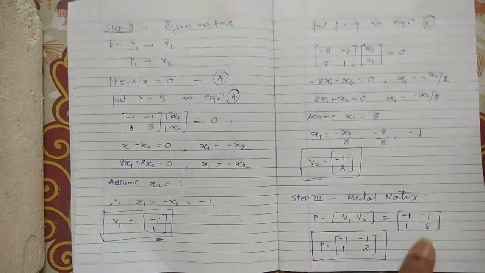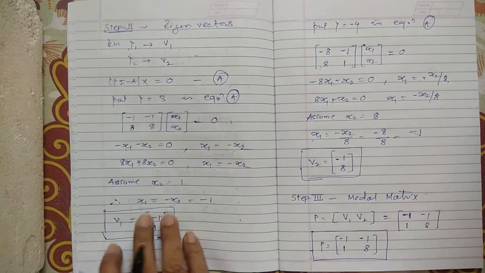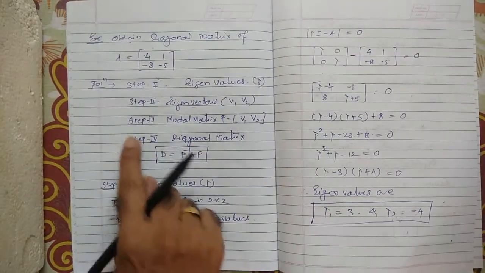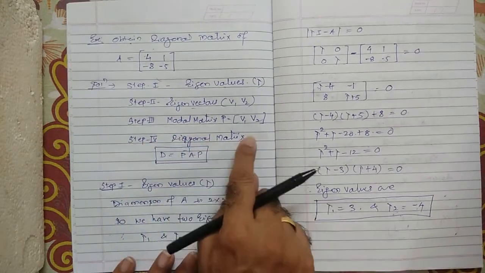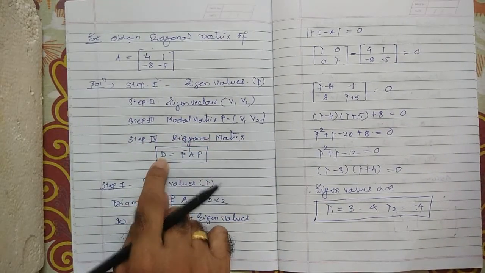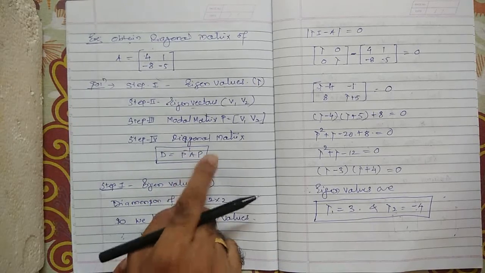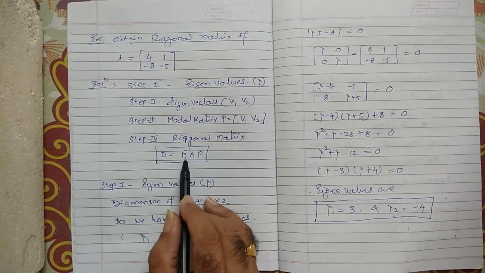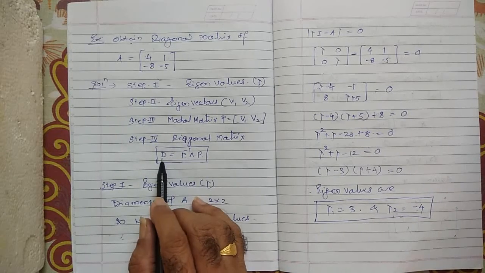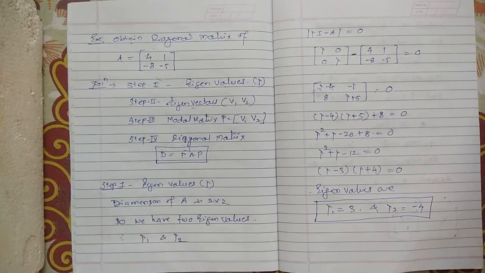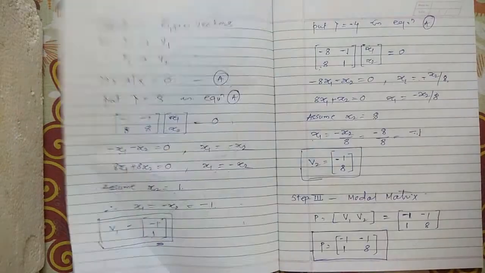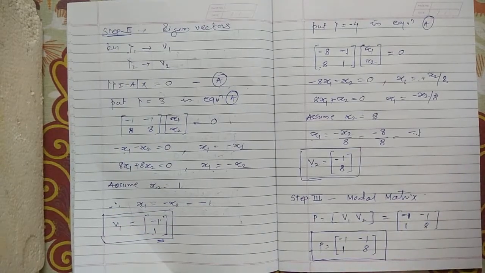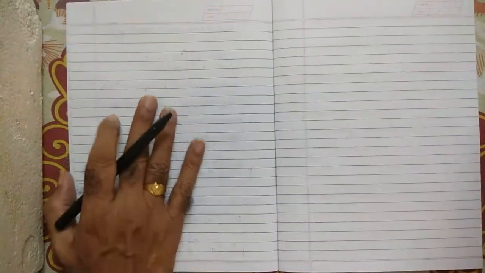Now see here, the modal matrix is known. In step 4 we can calculate the diagonal matrix. What is the equation for the diagonal matrix? D equals P inverse A P. Now we know A, we know P. So from P we can calculate P inverse, and hence we can calculate the diagonal matrix.